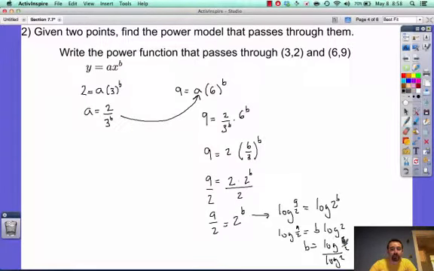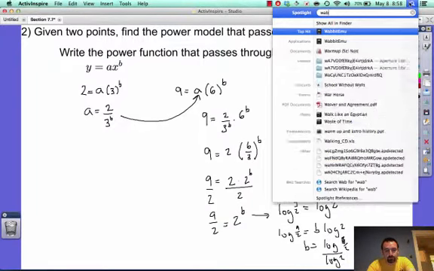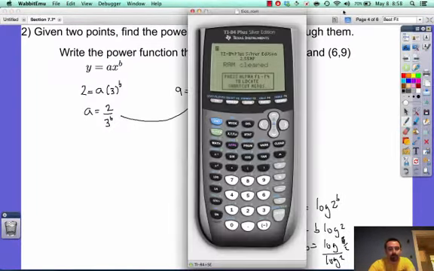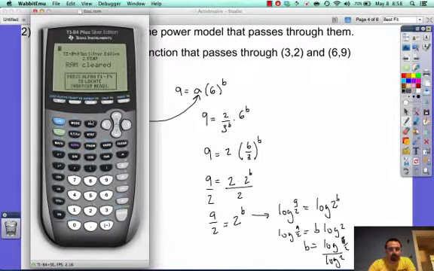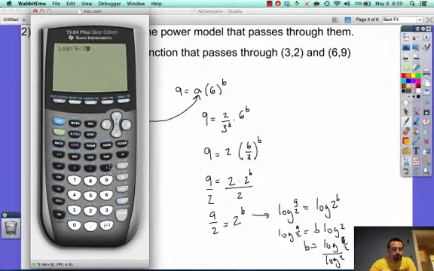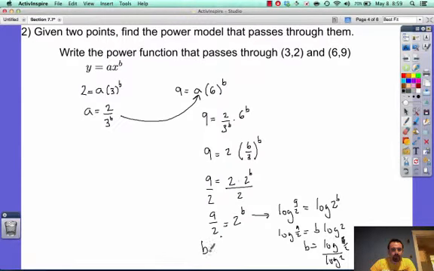And here we need a calculator. So, I'm going to do log of 9 over 2 divided by log of 2. So my exponent is 2.169. So b equals 2.169.